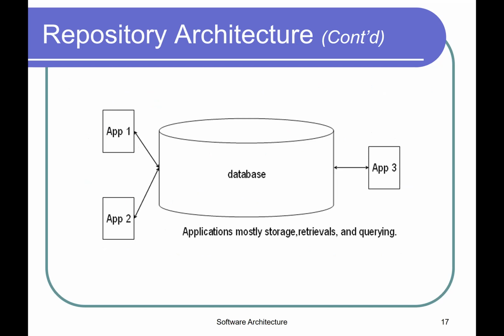If I have different applications 1, 2, 3, 4, 5, they're all using a variable called X. Instead of each one of those processes or applications, it doesn't matter what you think of them, having their own version of X, there is actually one copy of X, and it's in the repository.